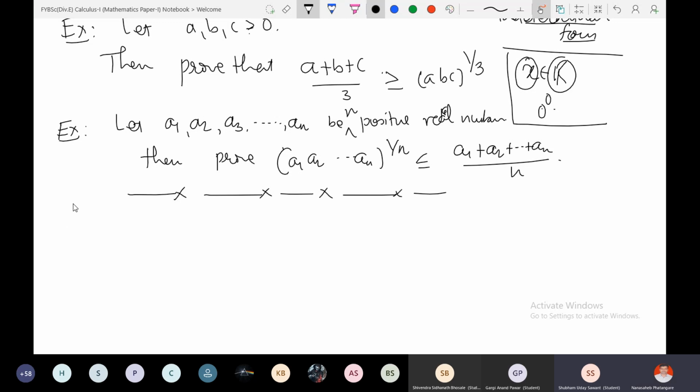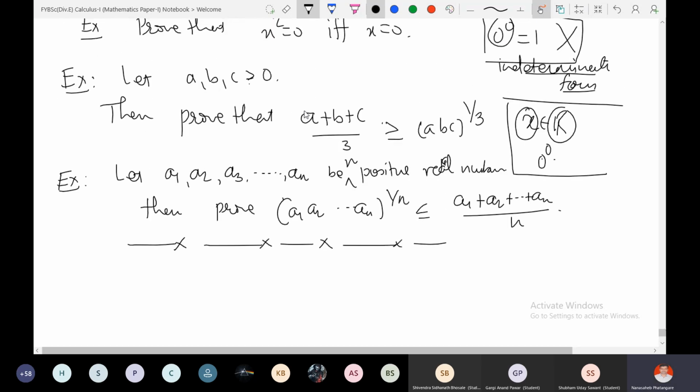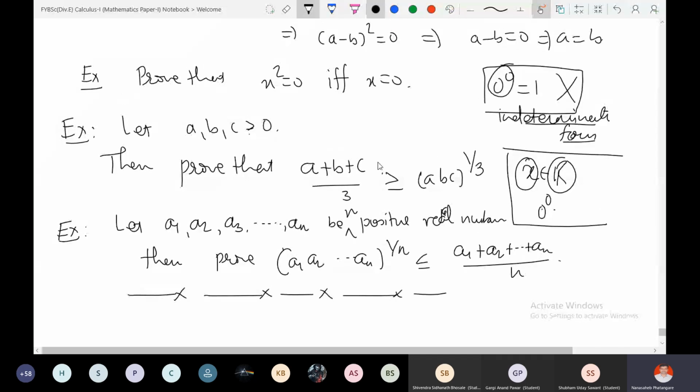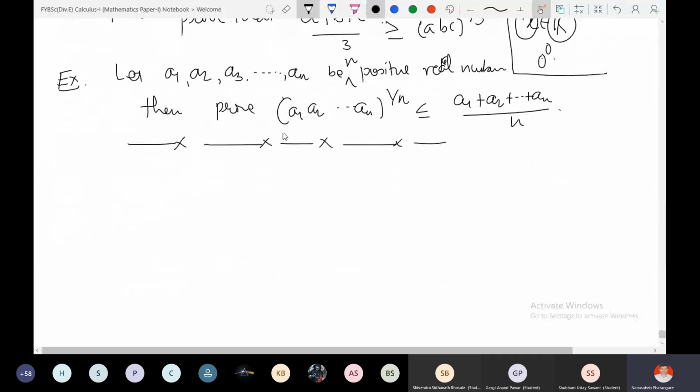Of course, if you can prove it for any n positive numbers, then ultimately it is true for 3, it is true for 10, it is true for 100, right? So this becomes trivial if you prove it in general. But to prove something in general is not easy. To prove it for particular 2 numbers, 3 numbers, it might be easy, right? So you just think about it.